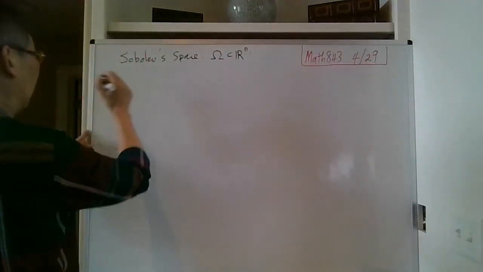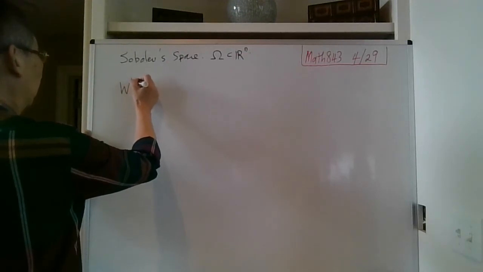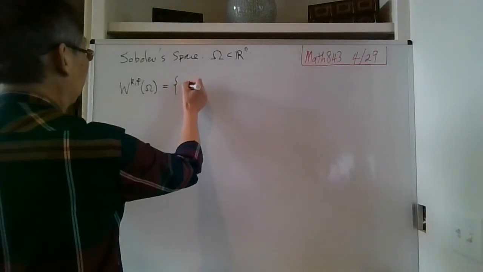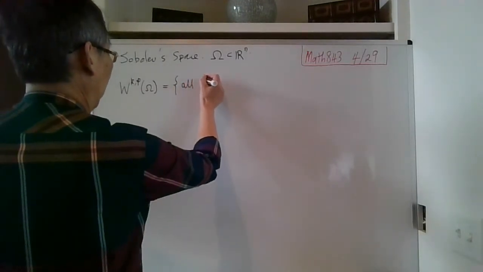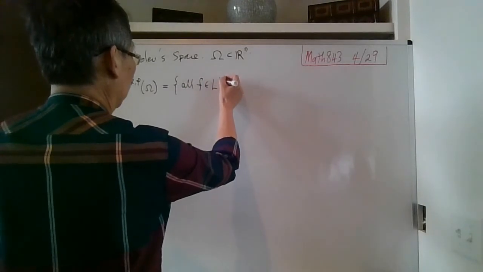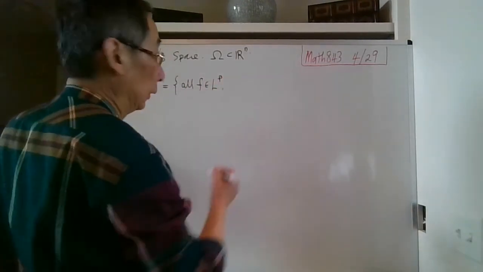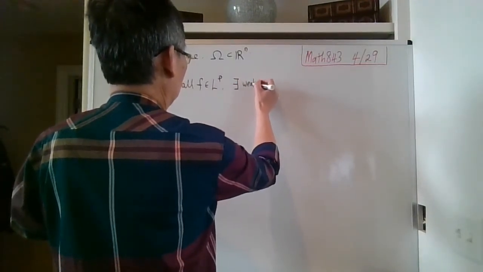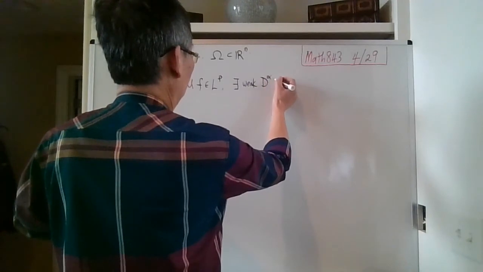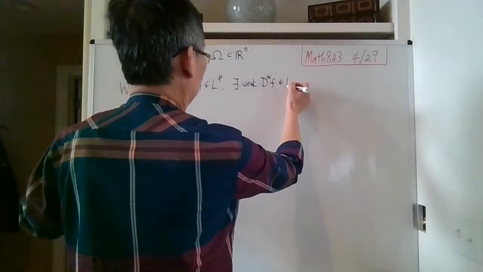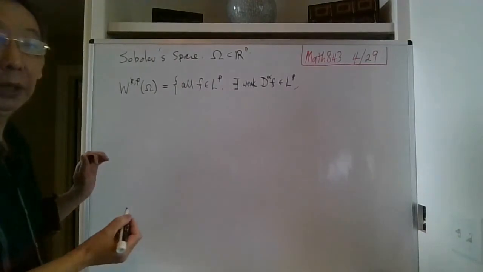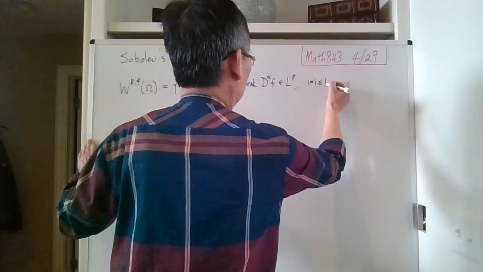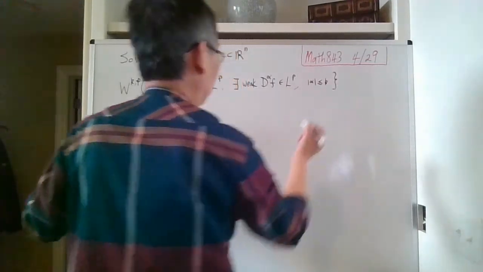So the Sobolev space W^{k,p}(omega) is defined to be all the functions f in L^p, so that the weak derivatives D^alpha f exist and are also in L^p, for every alpha which is less than or equal to k. So this is the formal definition.